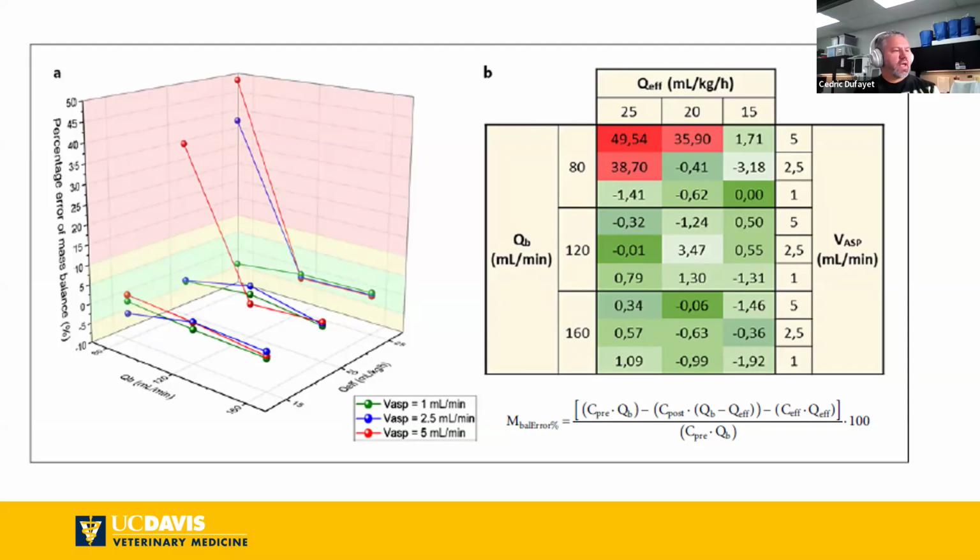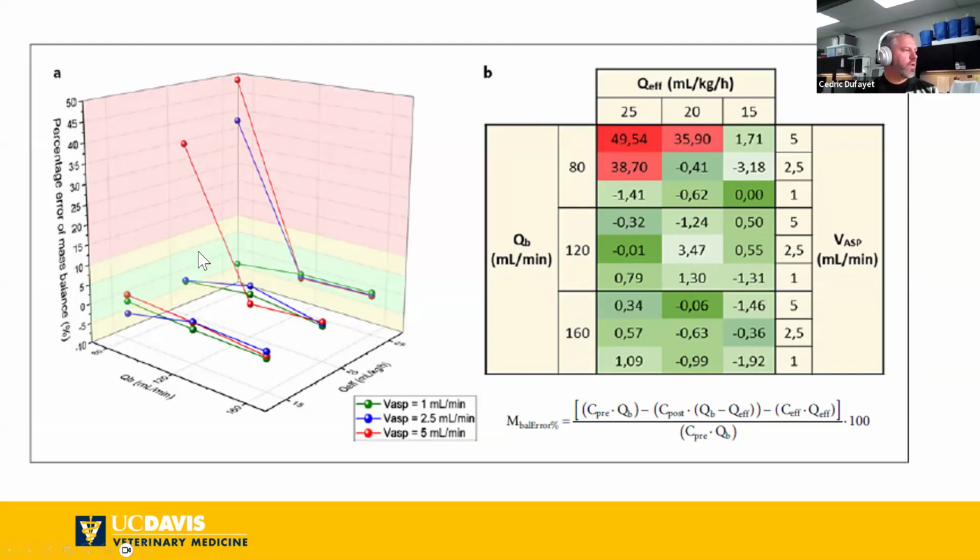And then the different aspiration velocities are color-coded in green, blue, and red, with the lowest aspiration velocity, 1 mil per minute, being in green and the highest being 5. And as you can tell from the graph, if your effluent flow is 15 mils per kg per hour, whatever your blood flow or your aspiration velocity, your mass balance is proper.